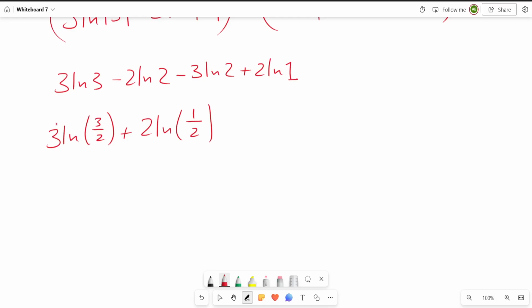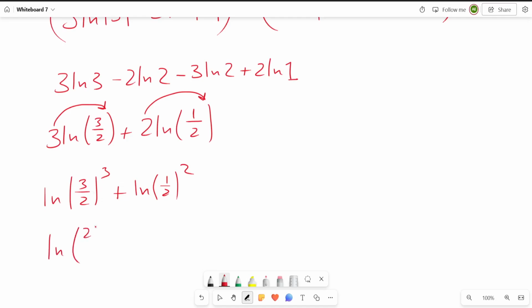I can use the fact that I can put this in the power position and this in the power position. This is going to be ln of 3 over 2, all to the power of 3, plus ln of half, all to the power of 2. So this is ln of 3 to the power 3, which is 27, over 2 to the power 3, which is 8, plus ln of 1 to the power 2 over 2 to the power 2, which is 4.